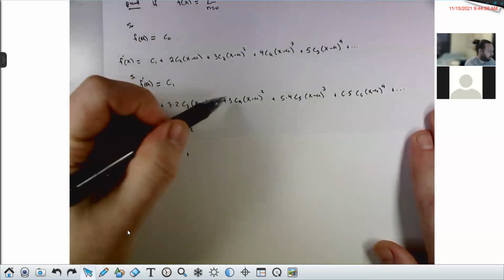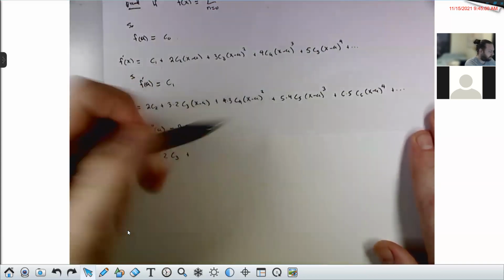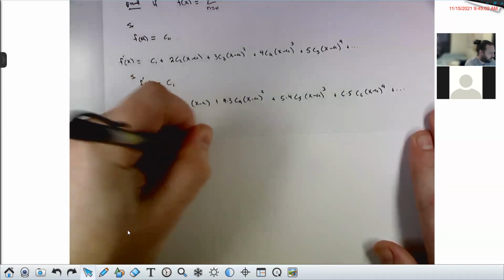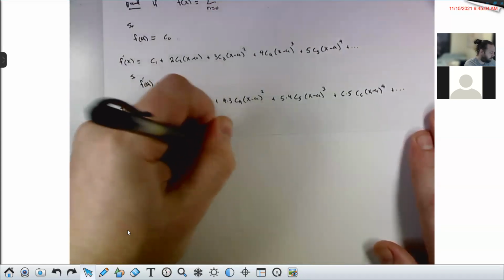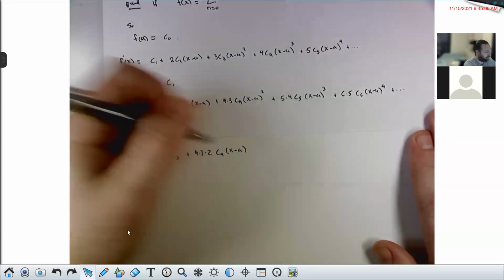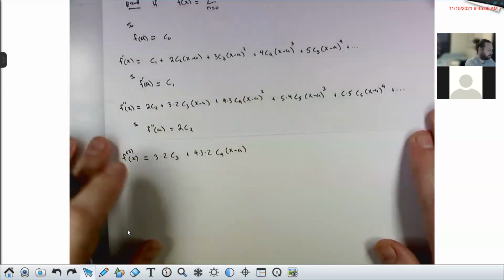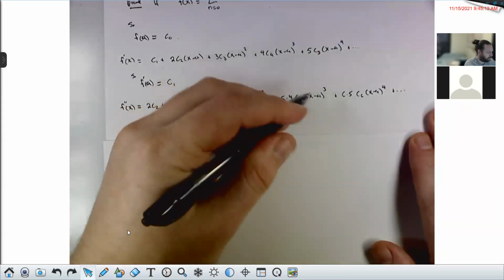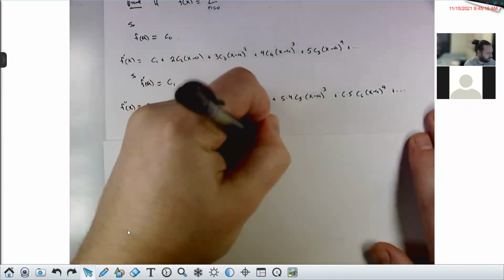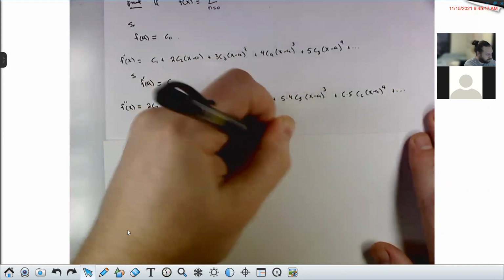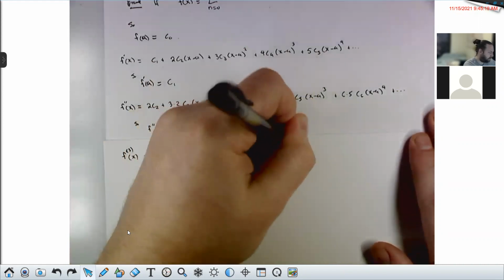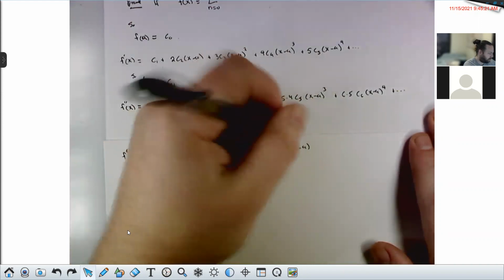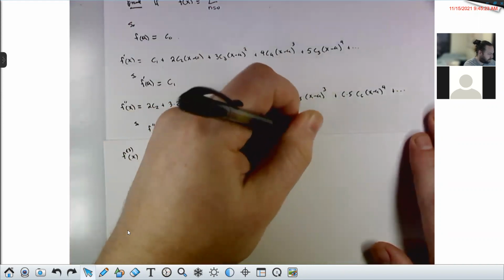The derivative of 4 times 3 times C4 times x minus a squared is 4 times 3 times 2 times C4 times x minus a. The derivative of 5 times 4 times C5 times x minus a cubed is 5 times 4 times 3 times C5 times x minus a squared.